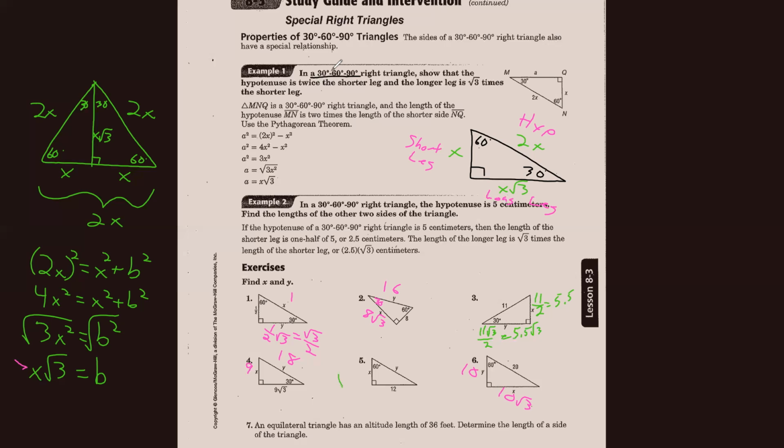We're going to have 4, and then multiply by the same radical. It's 4 square root of 3. Once you know your short leg, the hypotenuse is just going to be double that. So times that front number by 2, and you get 8 square root of 3. Again, that one's a little bit different, but it's the same idea as the others. We're dividing by the radical, so when we divide off the radical, we divide by that number that's under the radical and multiply by the same radical.